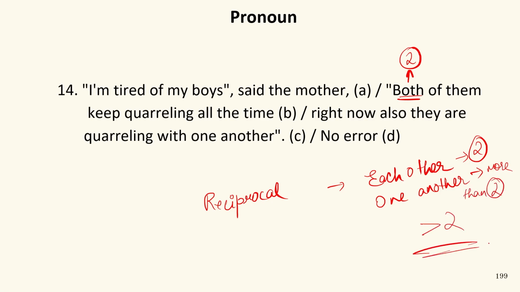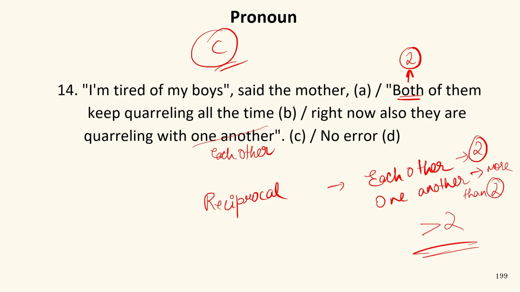Now this "both" indicates that two boys are there, so it should not be one another, it should be each other. So the error is in part C: one another should be replaced with each other.